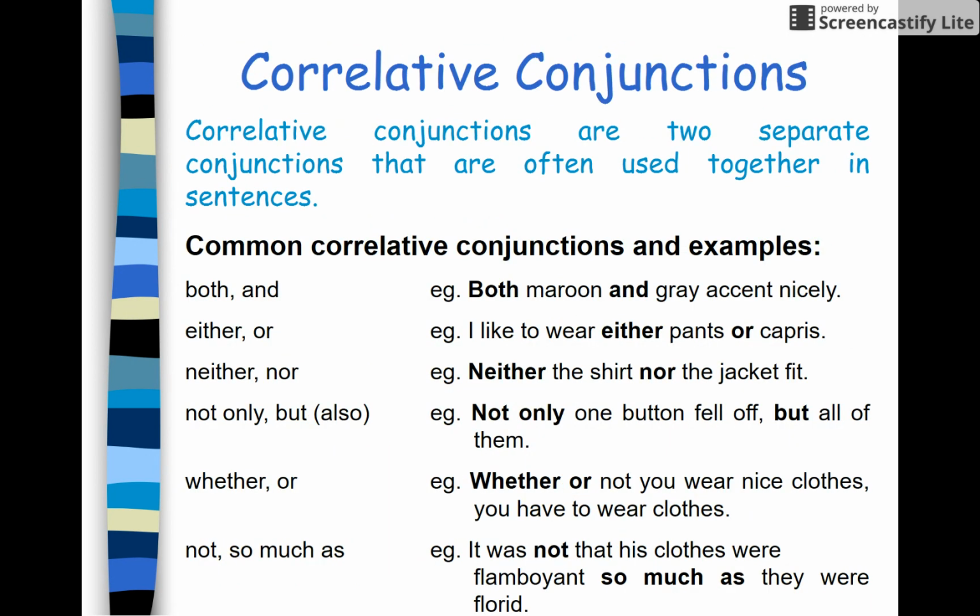Now, correlative conjunctions. Correlative conjunctions are 2 separate conjunctions or words that come in pairs, essentially. We say both one thing and another thing. I like to wear either pants or capris. Neither the shirt nor the jacket fit. Whether or not you wear nice clothes, you have to wear clothes, etc. Okay, so they usually come in pairs, and there are expectations about the pairs.